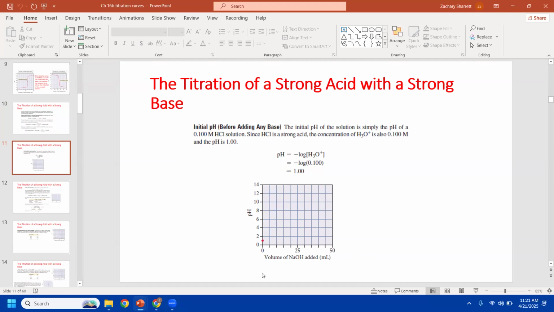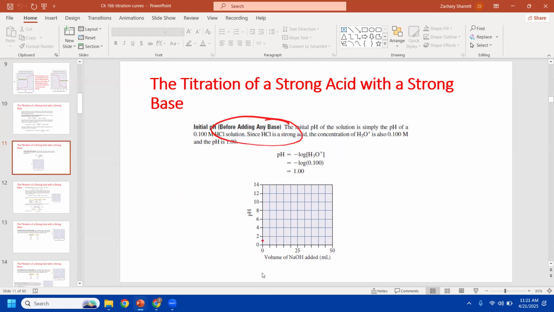What would that be the pH of? Not times 0.100, right? Oh yeah, it is times 0.100. Why times 0.100? Since this is a strong acid, before any base is added, does everybody see we're just calculating the pH of a strong acid solution?